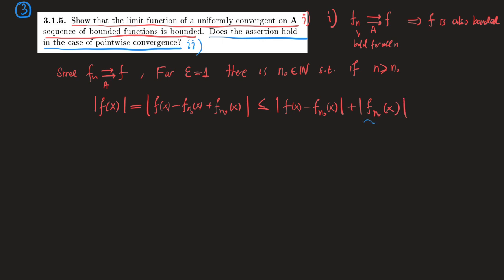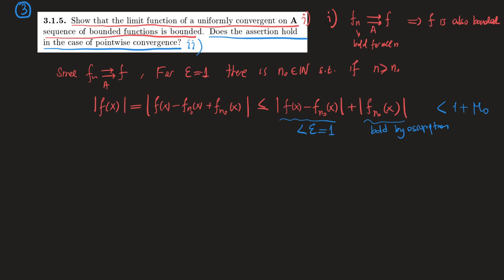I know that f_n0 is bounded by assumption, and the first term is less than epsilon, which is 1. So the whole is less than 1 plus whatever the bound for f_n0 is, let me call it M0. Since I am applying the definition of uniform convergence, this is happening for every x.